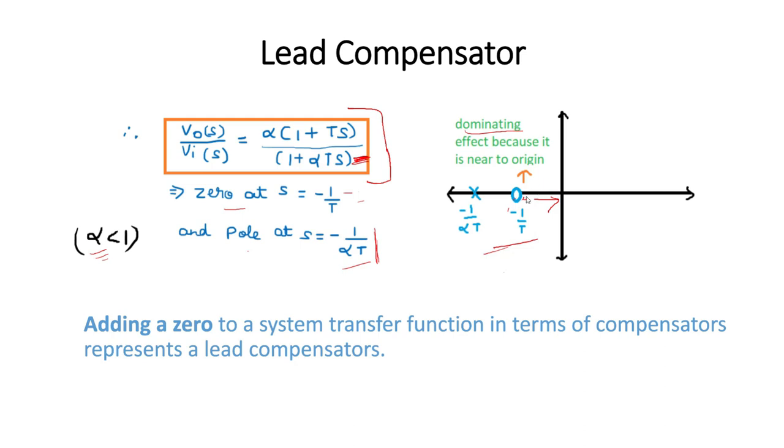Why? Because it is near to the origin. Adding a zero to a system transfer function in terms of compensator represents a lead compensator. Means lead compensator is equivalent to adding a zero in the system. So this was all about lead compensator.